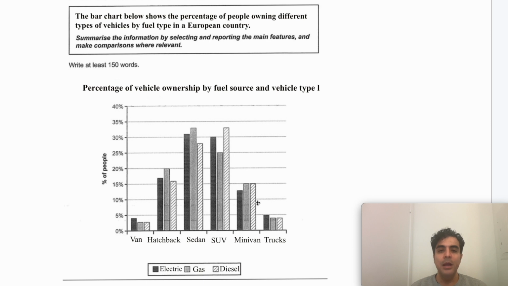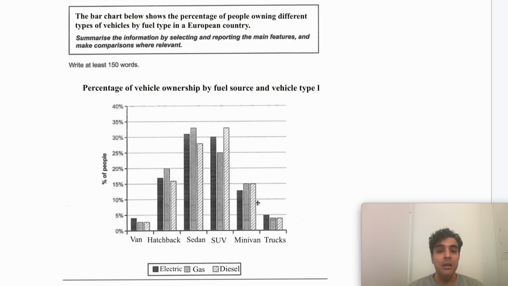For example, if you look closely, you'll see that the percentage of electric, gas, and diesel vehicles was greatest in the sedan category. That is, more people in this European country tended to own a sedan vehicle regardless of whether it was electric, gas, or diesel. In fact, there is an exception, and that is diesel, right? So there were more people owning diesel-fueled SUVs compared to diesel-fueled sedans.